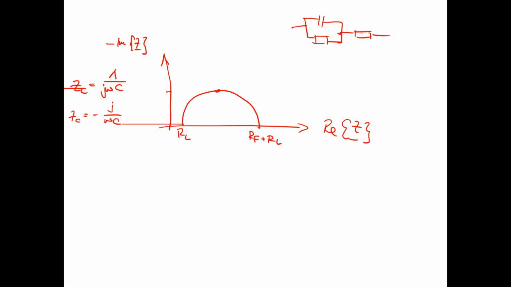And if we go to omega to infinity, we have a short circuit here. RL, RF. Short circuit, that means RF is bridged. That means we know we are running in that direction. Please forgive me if we go omega towards infinity.